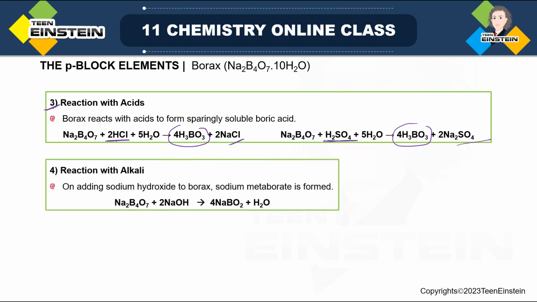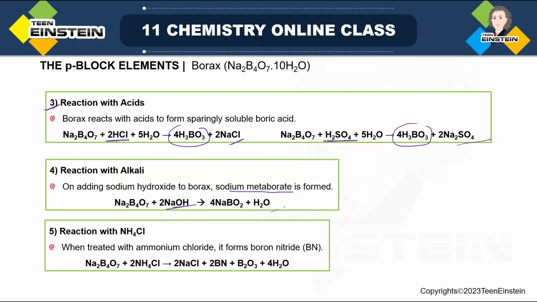Next, how it reacts with alkali. In the reaction with alkali, that is NaOH, sodium metaborate is formed along with water. Reaction with ammonium chloride: with ammonium chloride, it forms this compound you are seeing first, called boron nitride.